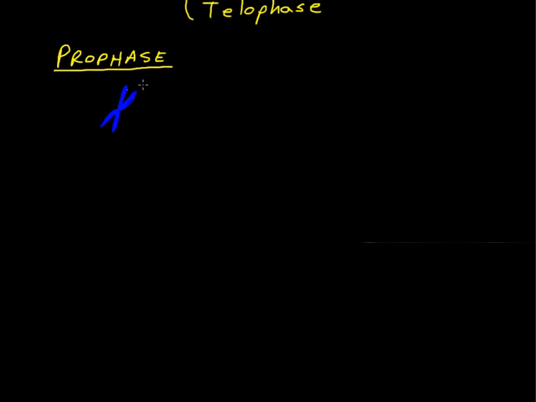The DNA coils on itself and it thickens, and we actually start to see chromosomes forming, complete with centromeres. And another thing that happens is the nuclear membrane dissolves.